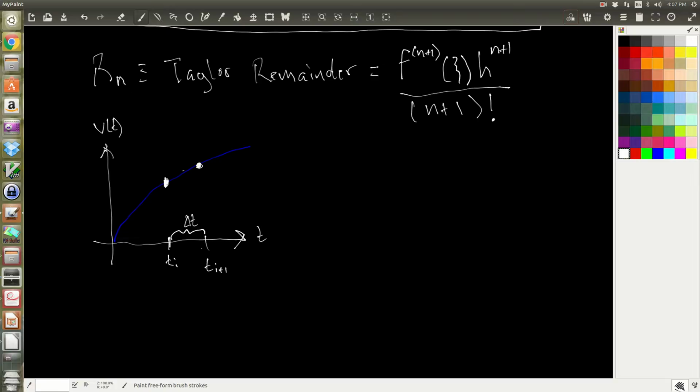So, what I'm going to do is write down a Taylor series to predict v at ti plus 1. Another way to write that would be v at ti plus delta t.